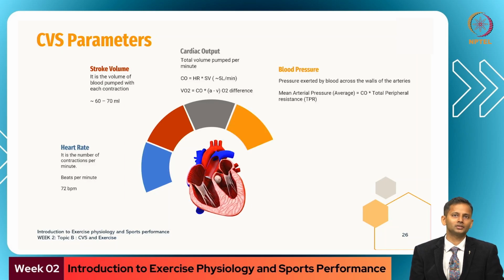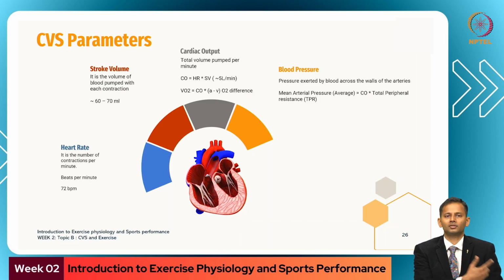And the fourth parameter is the blood pressure. I mentioned in the previous session that the left ventricle pumps out blood with an enormous pressure. That pressure is exerted onto the walls of the arteries, and that is what you measure using your BP instrument, or sphygmomanometer, with a cuff around your left arm.